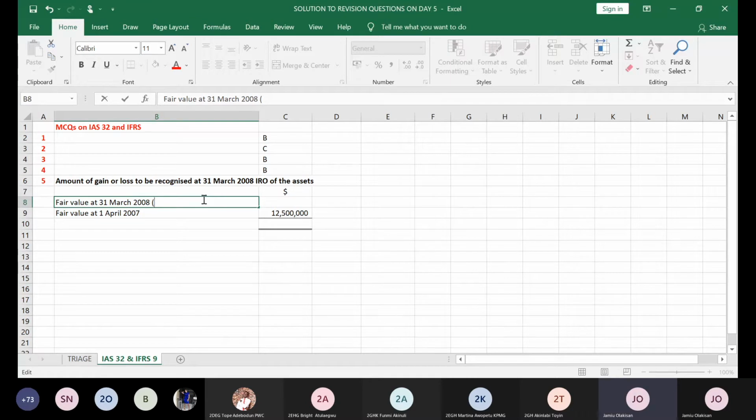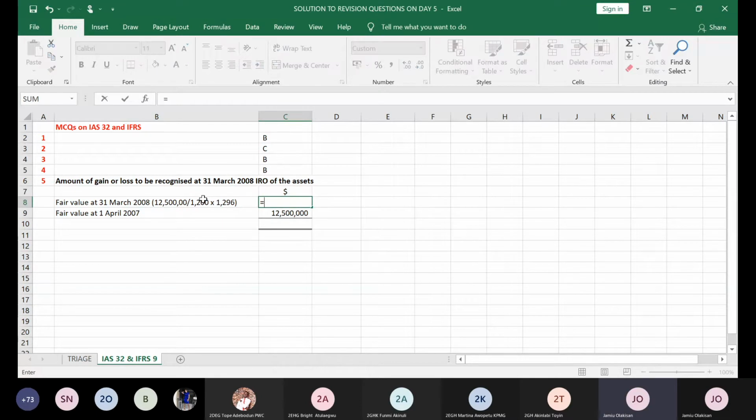Remember they said it varies based on index. So you take the 12.5 that you have at the beginning, divide it by the index at the beginning, then multiply by the index at the end of the year, which has increased to 1,296.